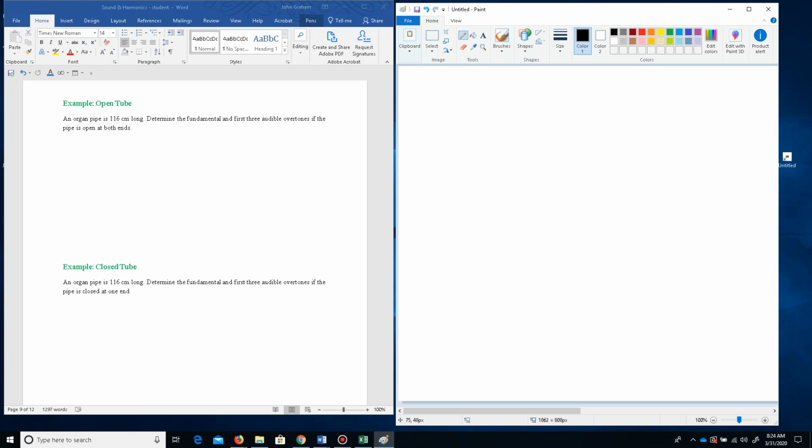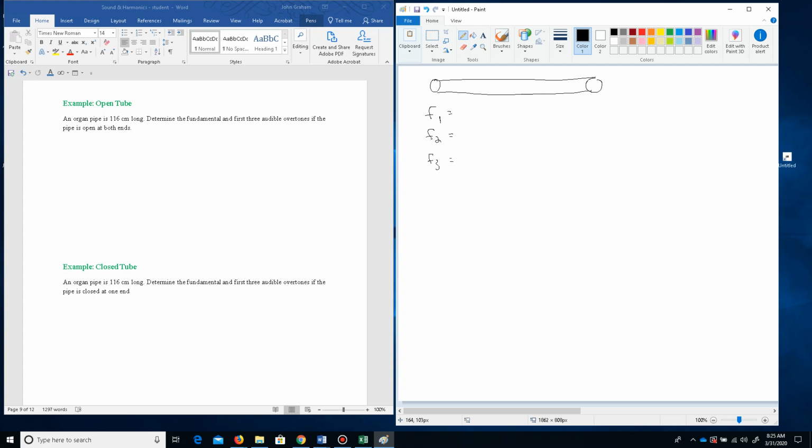Determine the fundamental and the first three audible overtones if the pipe is open at both ends. So this is open at both ends. I don't really have to draw it, I guess, but I will. So the first thing we want is the frequency 1, and then we'll want frequency 2, and then frequency 3.